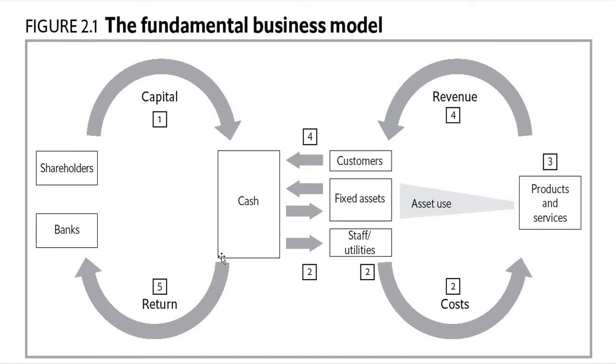Some of the cash will be returned to the providers, which are the banks and the shareholders. For the shareholders, maybe that is in the form of dividend payments. So that is how the fundamental business model works. Because that is the usual or common thing that happens in a business.